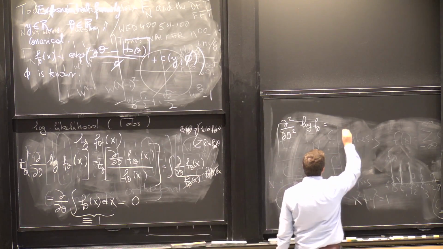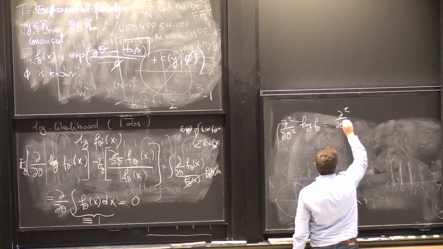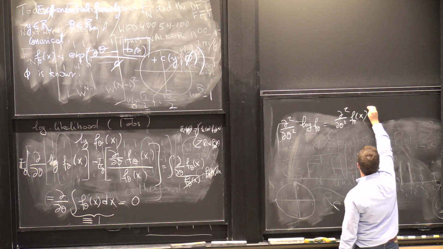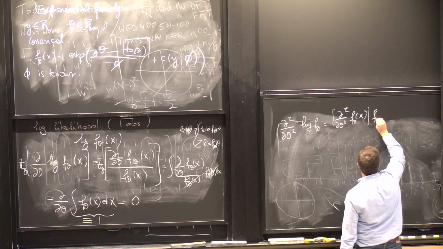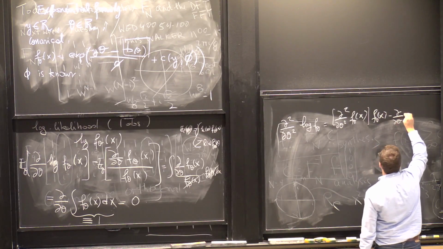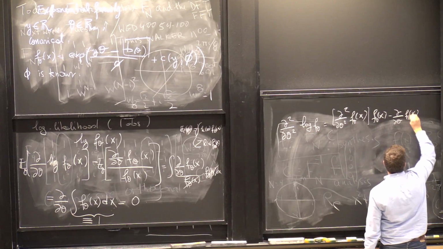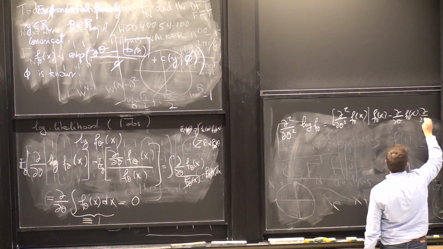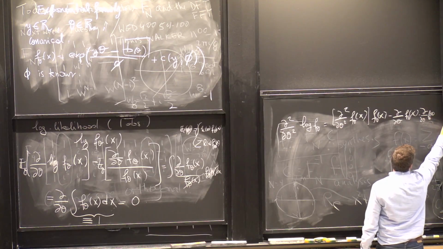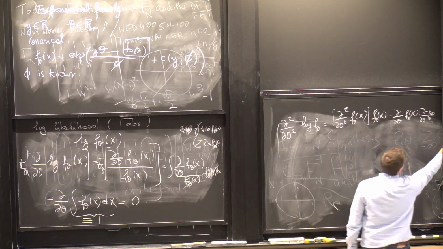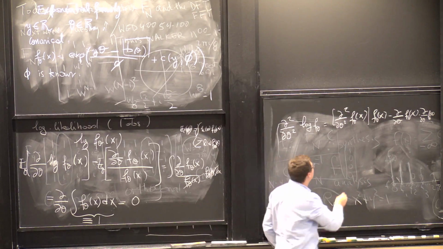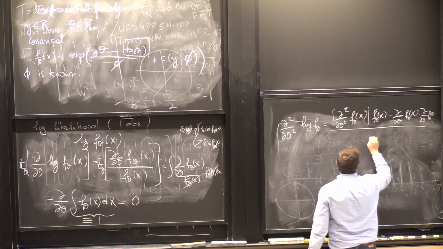So it's the second derivative of f theta of x times f theta of x, minus the first derivative of f theta of x times the first derivative of f theta of x. And so it's just the square. And then I divide by f theta of x squared.